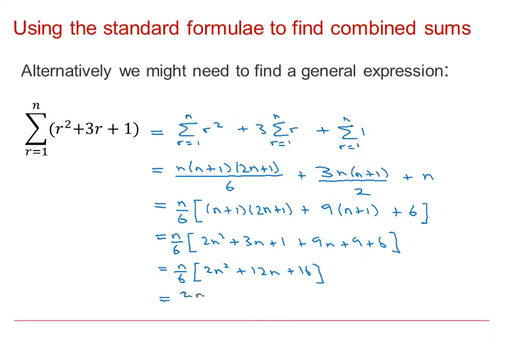So that's 2n over 6 times n squared plus 6n plus 8. And then the last step, we can cancel the 2 with the 6, and a quick check of the square bracket reveals that it will indeed factorise: n plus 2 times n plus 4.